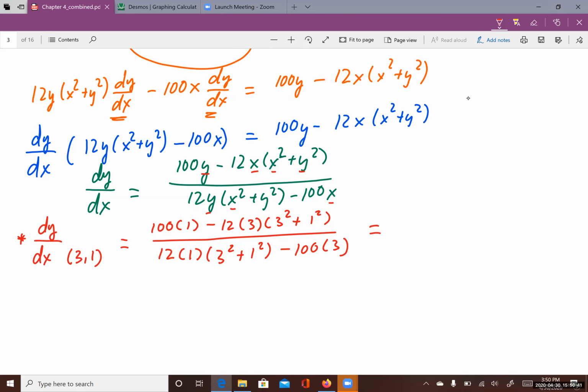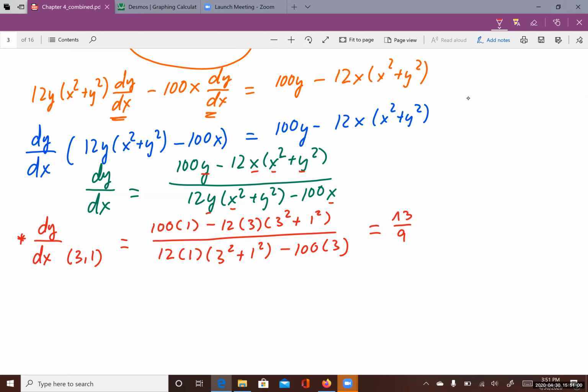And the answer for this calculation is 13 over 9. So we found that the derivative dy over dx at x equals 3, y equals 1 is 13 over 9. So this is actually the slope.